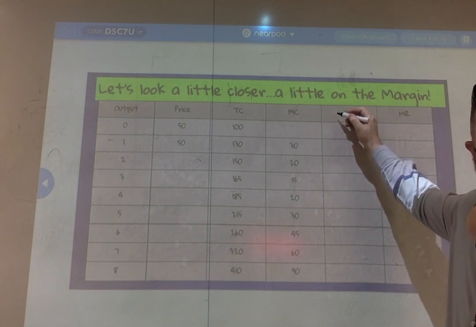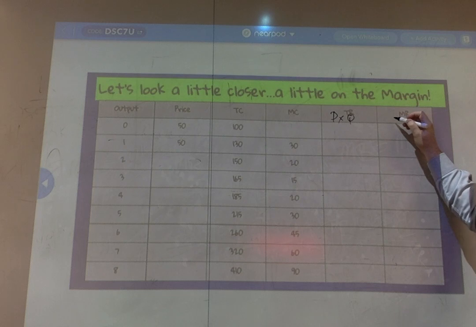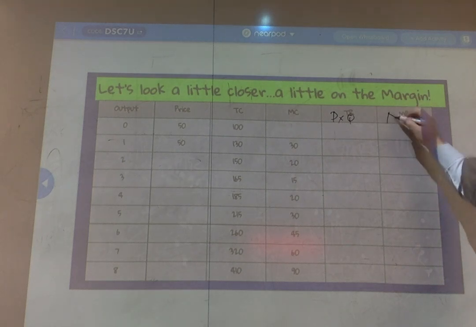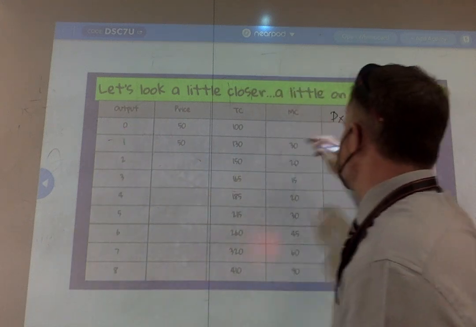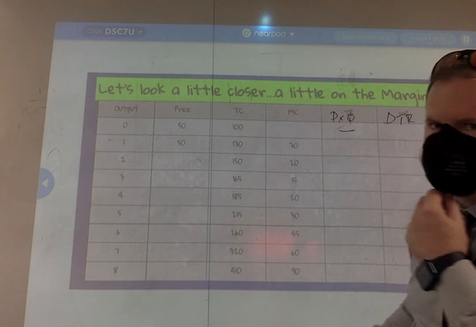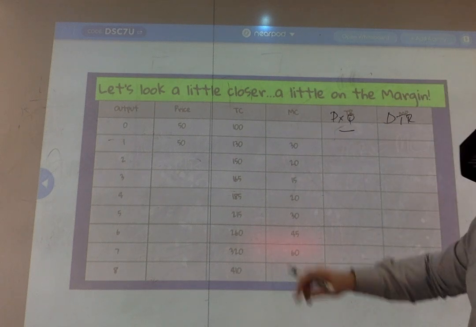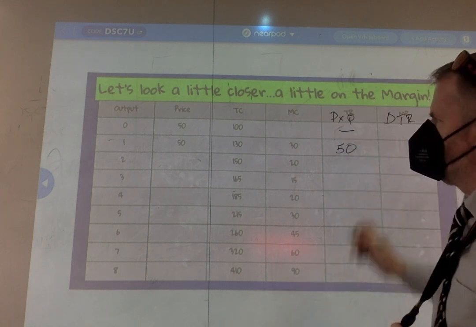Total revenue equals price times quantity, marginal revenue, change in TR. So if we go here, there's your price, there's your quantity. So the first one, total revenue, you're earning nothing. 50 times 1, 50.